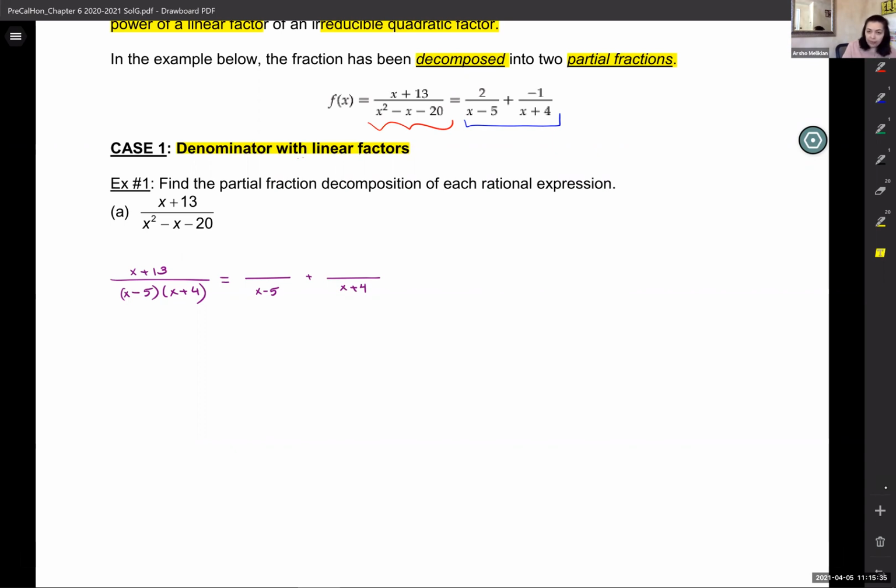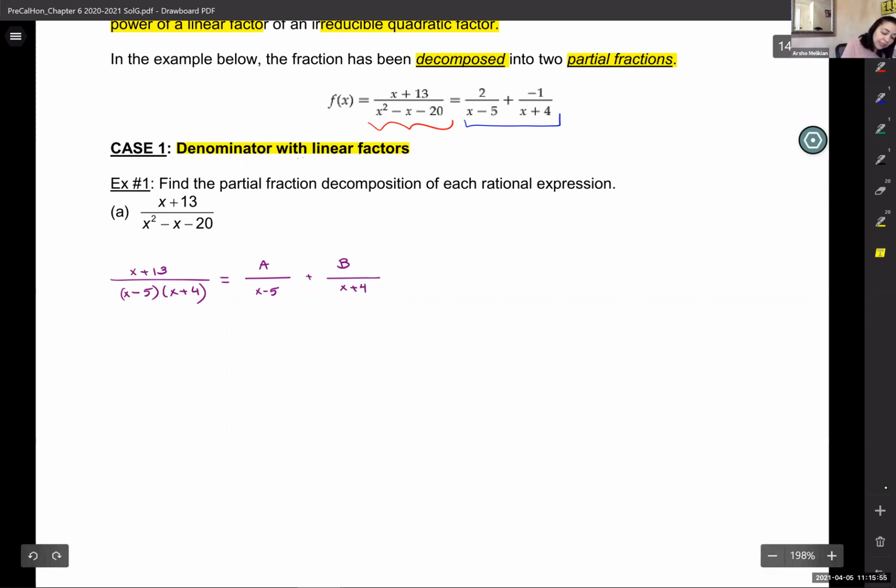And now they need numerators. The numerators are going to be constants. So we just put constants there. We're going to go with A and B. It's customary to use capital letters. Okay? A and B. Okay, so now this is the framework with which we're going to work.